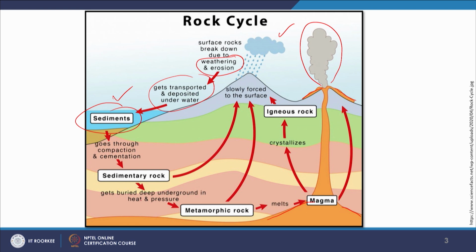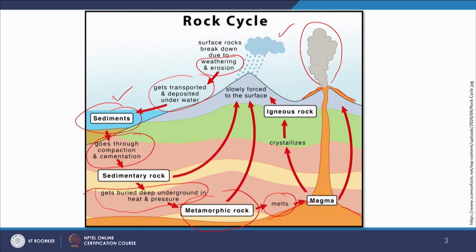Later these sedimentary rocks go through compaction and cementation, so they become strong. They may then be buried deep underground, where high pressure and temperature convert them to metamorphic rocks. Under these conditions they can again melt and become magma, and that magma again comes on the surface.